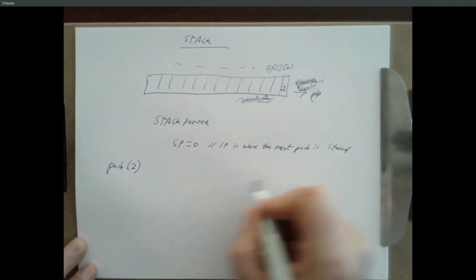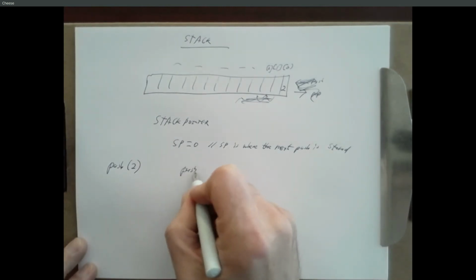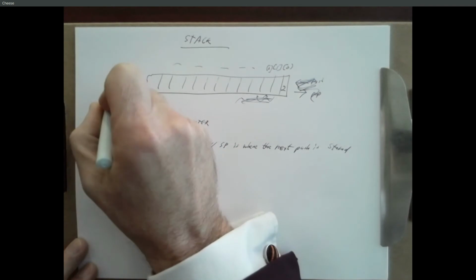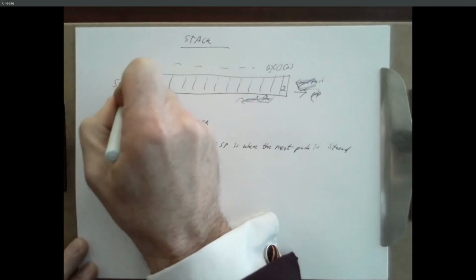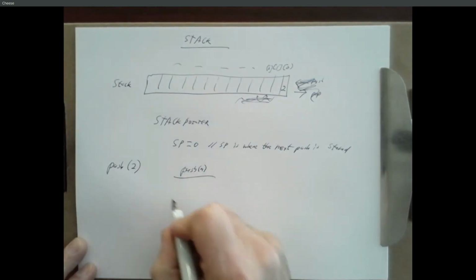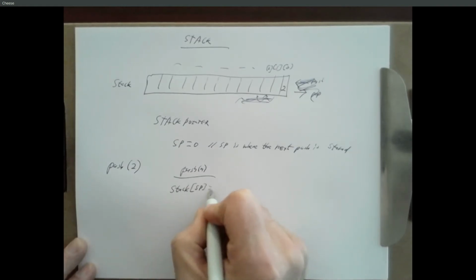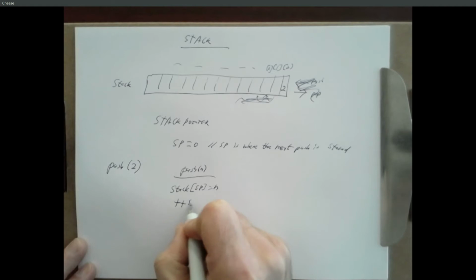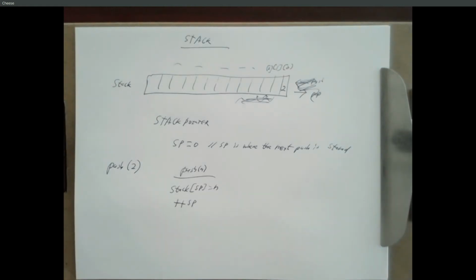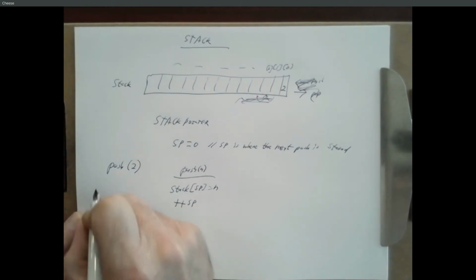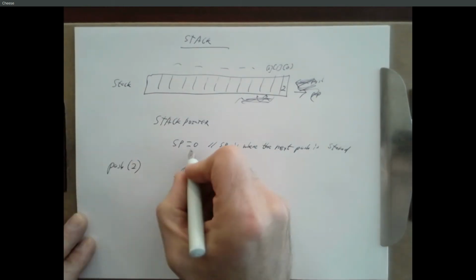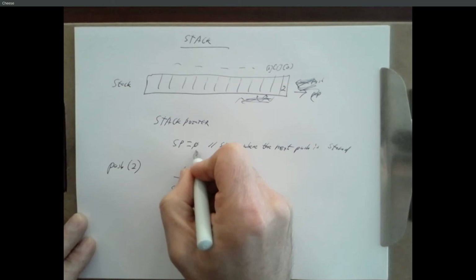So push, and let me just call this stack. So push a number n says stack[SP] = n, and then increment the stack pointer. So I push a 2, it goes right there. Stack pointer gets incremented to 1.